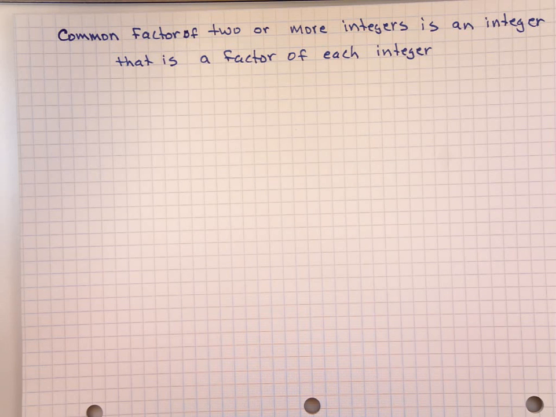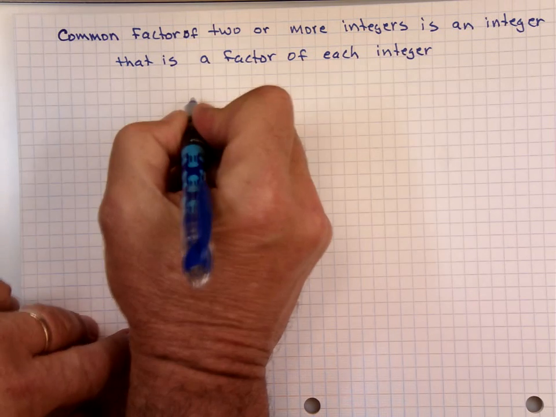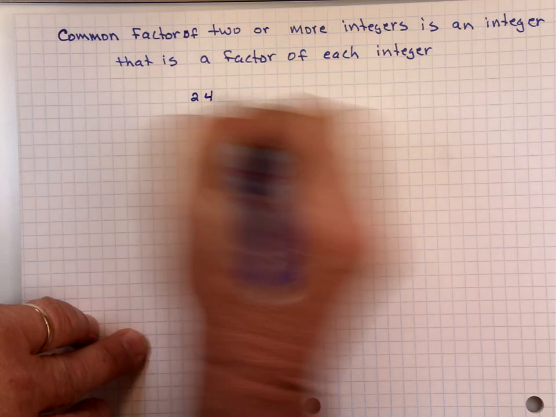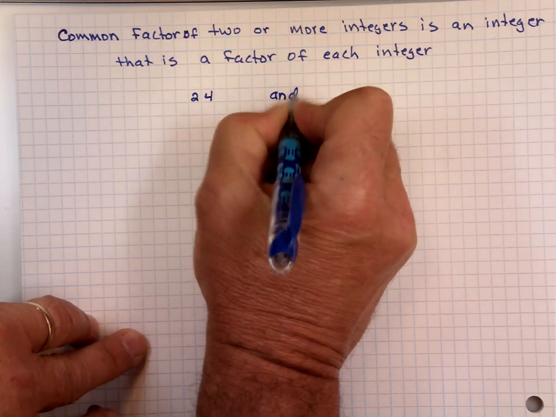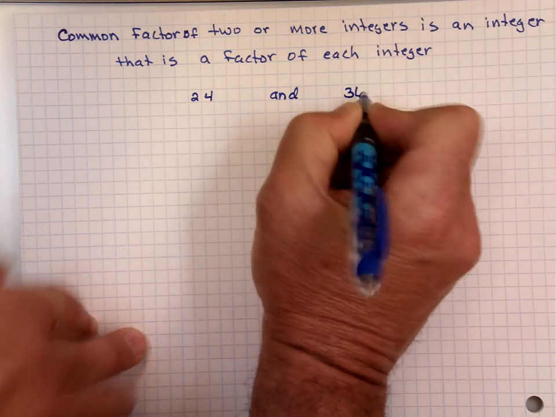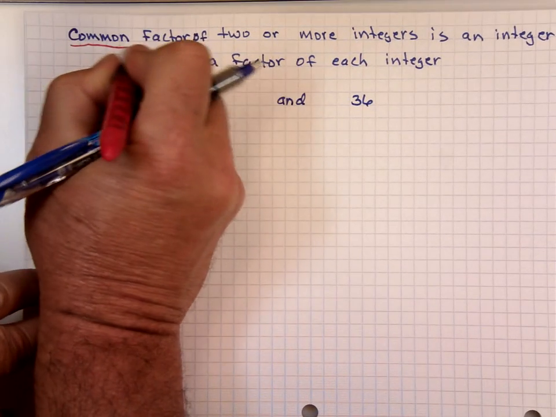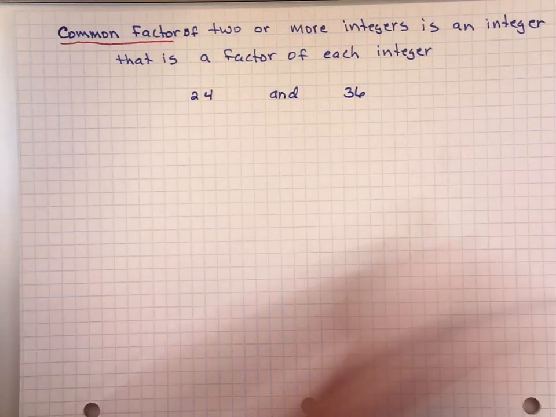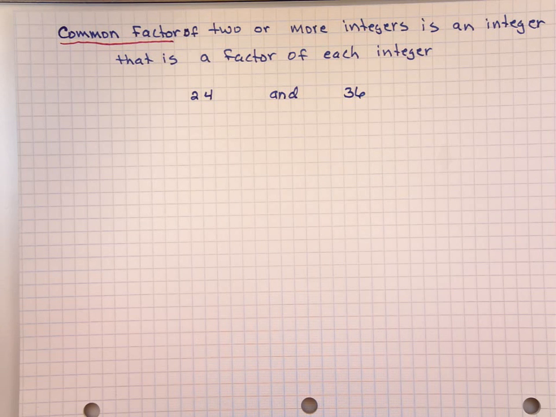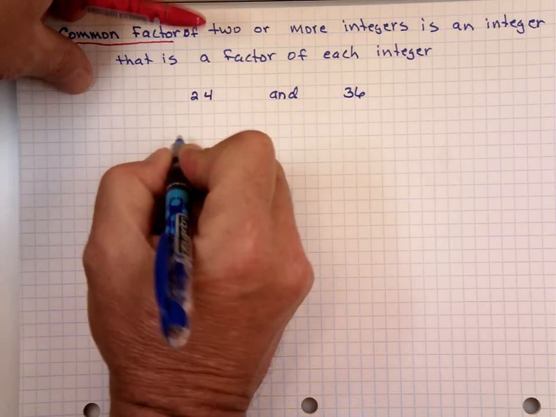Okay. So let's take an example. Let's say we have 24 and 36. And we are looking for common factors. Well, 24, I can write that as 2 times 12.